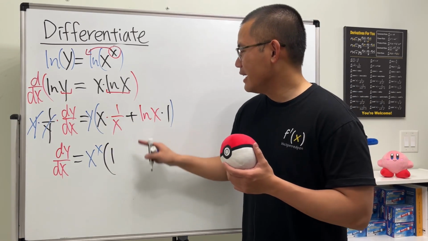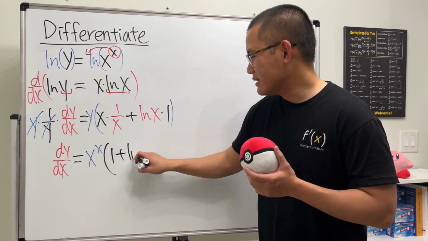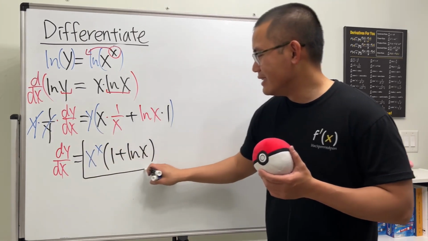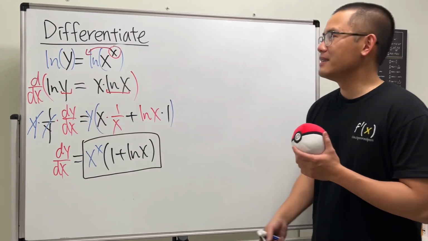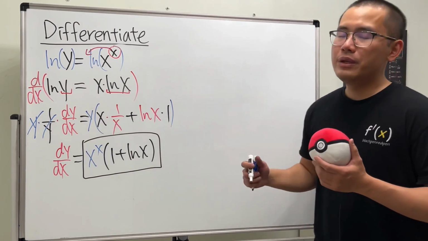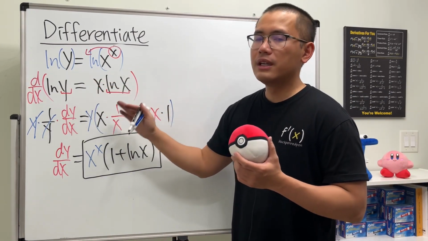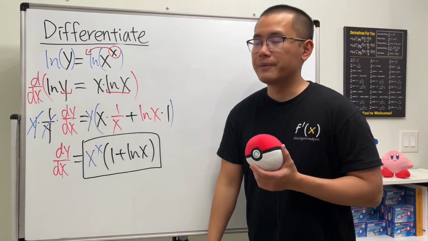That's very nice. And then we add ln x times 1, which is just ln x. And with that said, this right here is it: x to the x power times 1 plus ln x. That's it. So this is how we can finish this derivative by doing the logarithm on both sides first, and this is usually referred to as logarithmic differentiation.